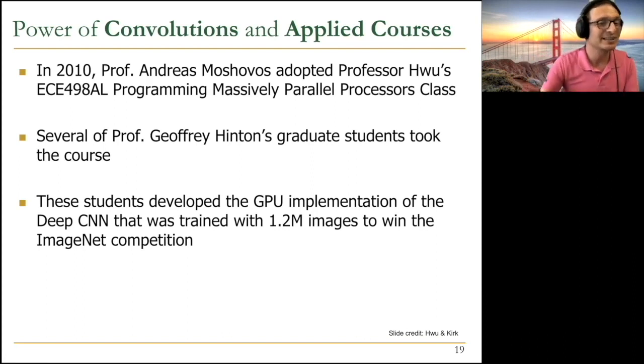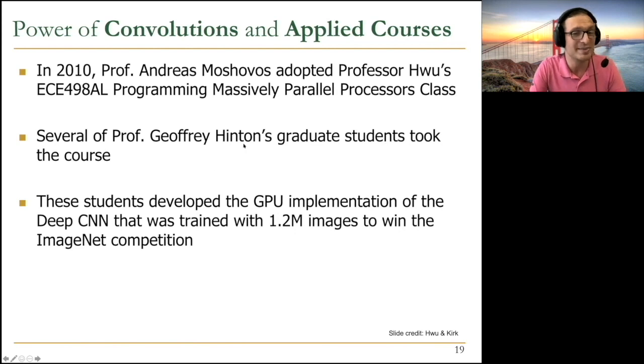But his students implemented a deep neural network on a GPU, trained it with more than 1 million images, and won the ImageNet competition in terms of how well they could recognize the images. Backpropagation and convolutional neural networks took off, because with the power of GPU hardware, they were able to do the computations required to train these networks.